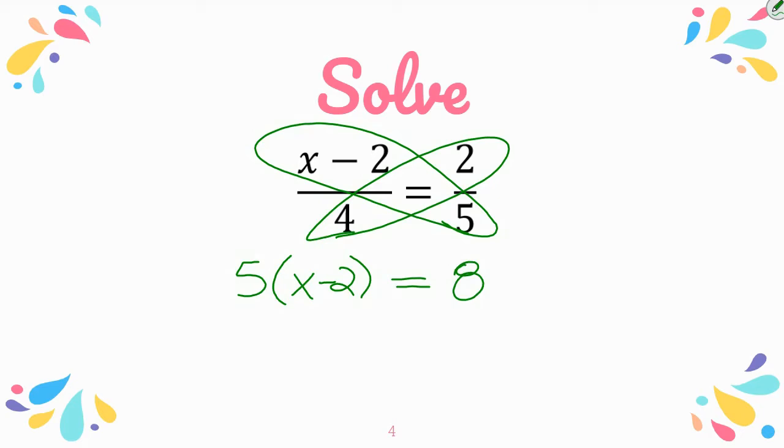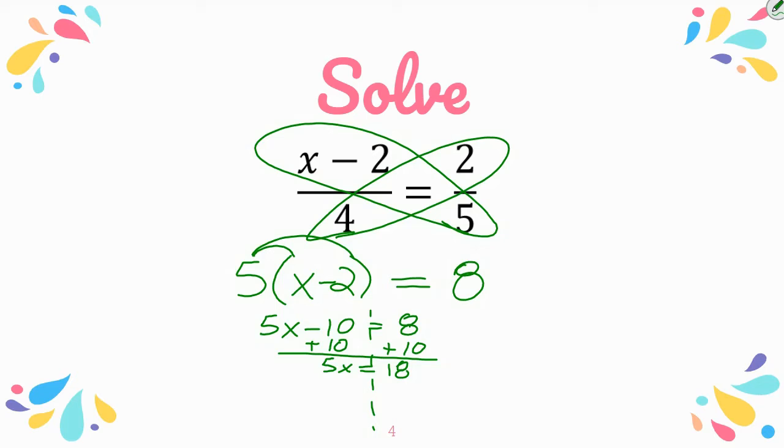So I've got 5 times (x minus 2) equals 8. Now I can solve this like a multi-step equation. 5 times x is 5x. 5 times 2 is 10, equals 8. Add 10 to both sides, leaving me with 5x equals 18.